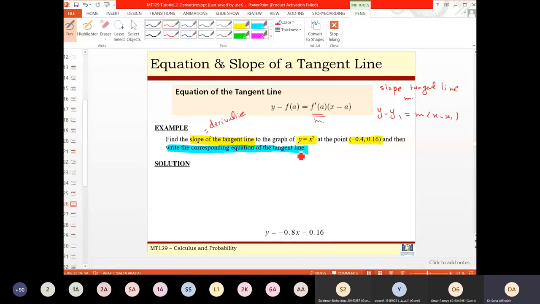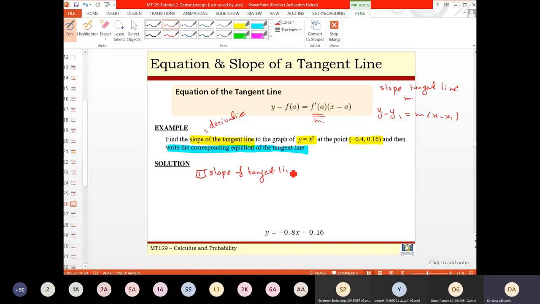We're talking about the derivative of this curve at this point. So step number 1, I'm finding the slope of the tangent. It's the rate of change, the derivative, the slope of the tangent line.